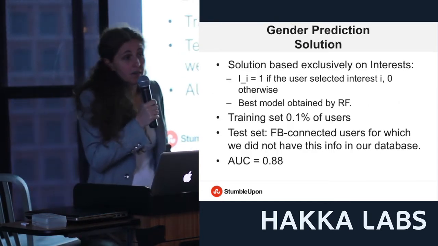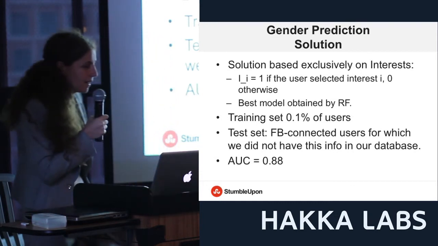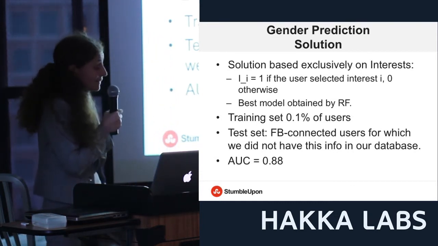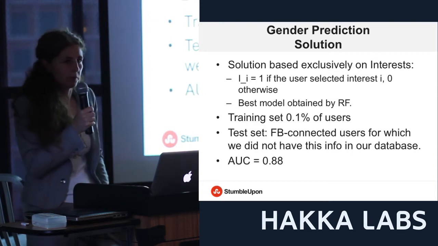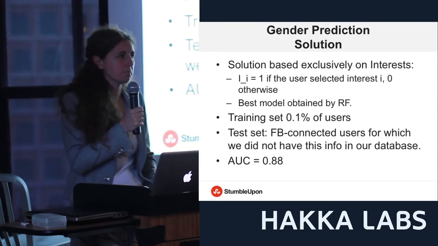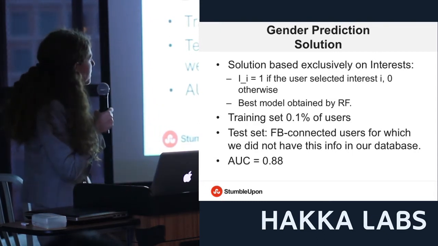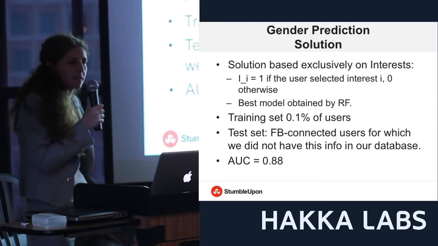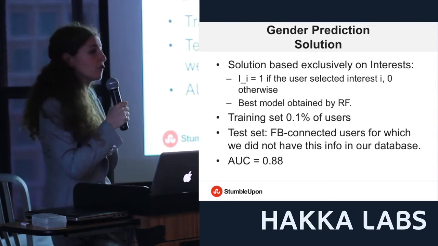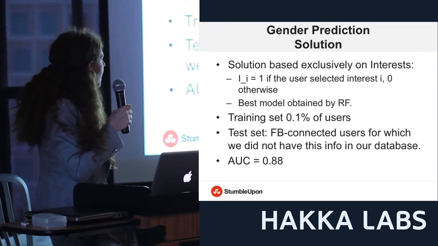We said, okay, let's try. We have interests. Our model is extremely simple. We just look at the basket of interests: 1 if the user selects the interest, 0 otherwise. Straight random forest.